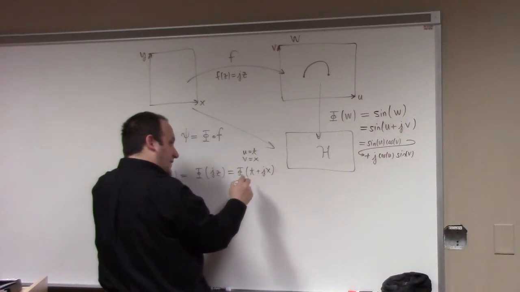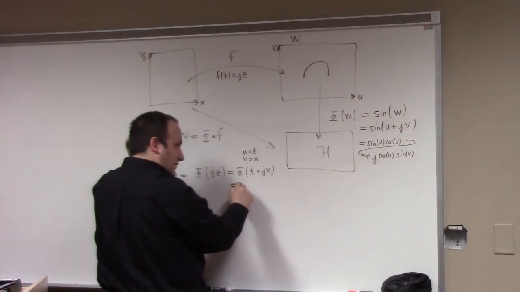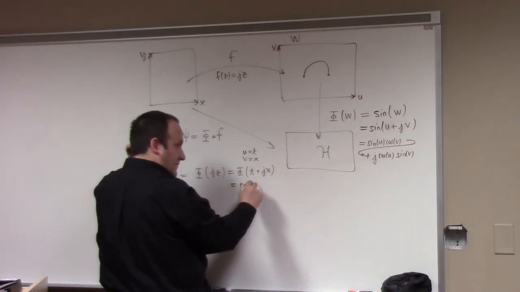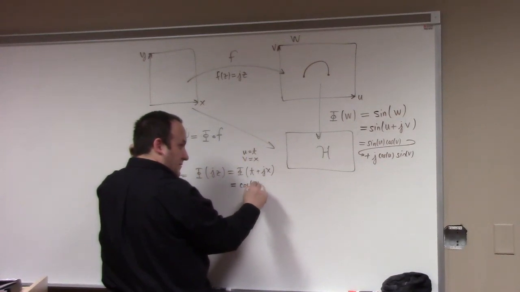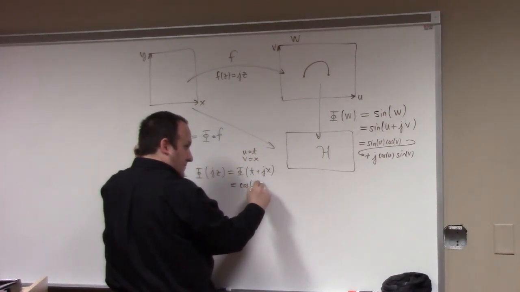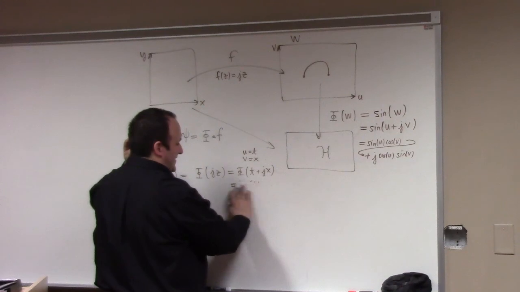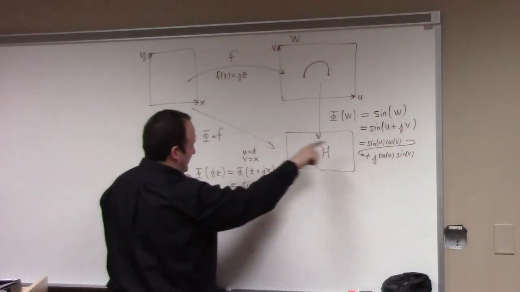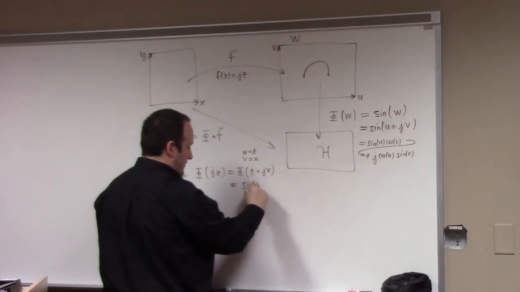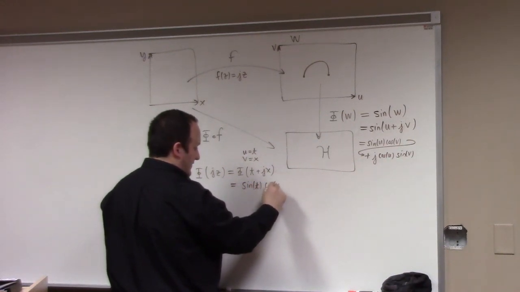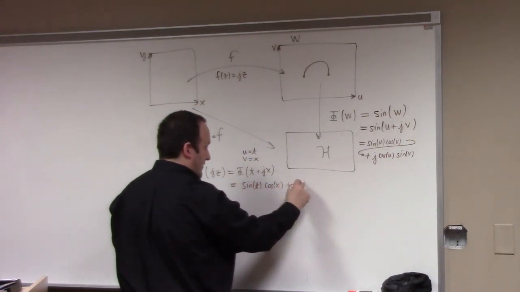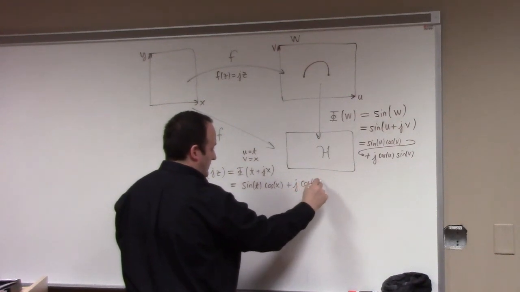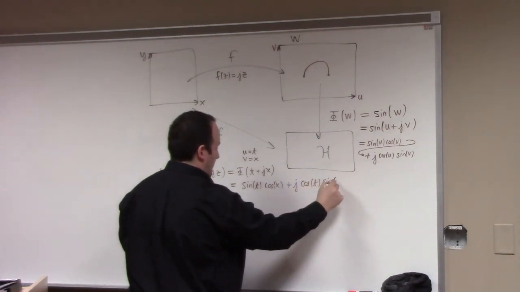And so what do we got? We got ourselves a sine of t cosine of x plus j cosine of t sine of x.